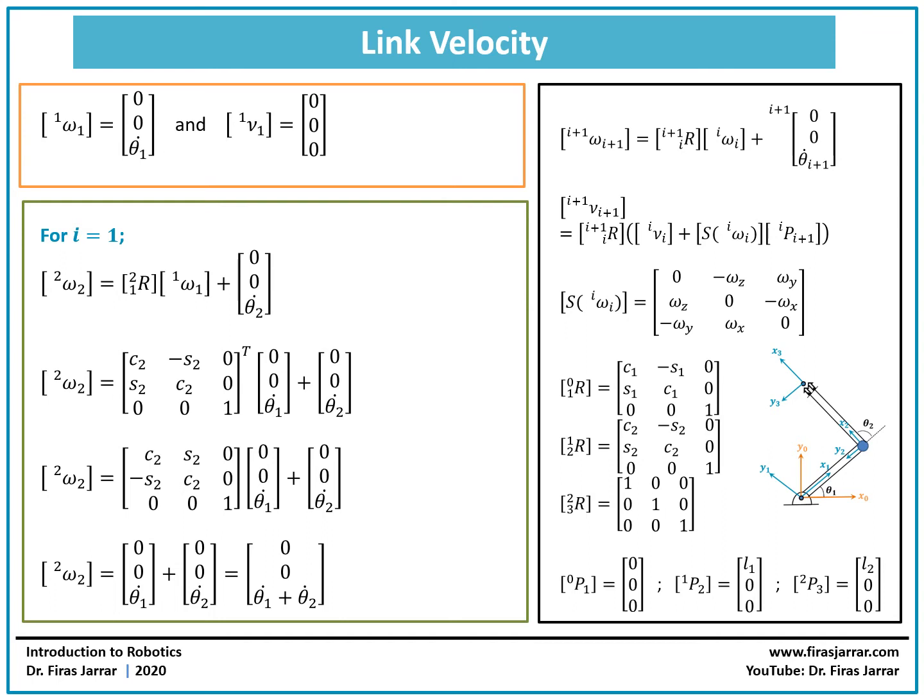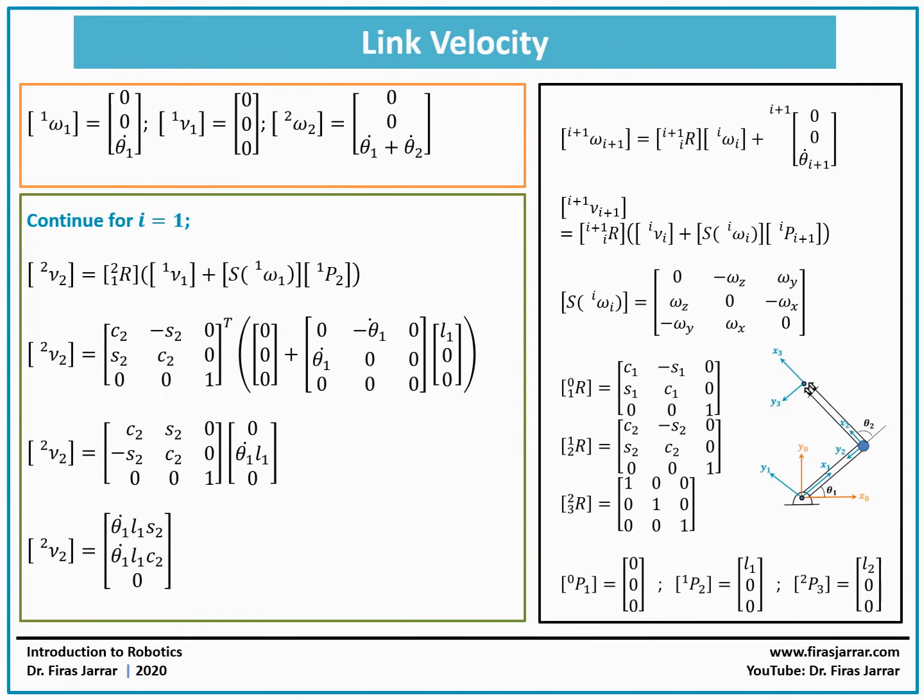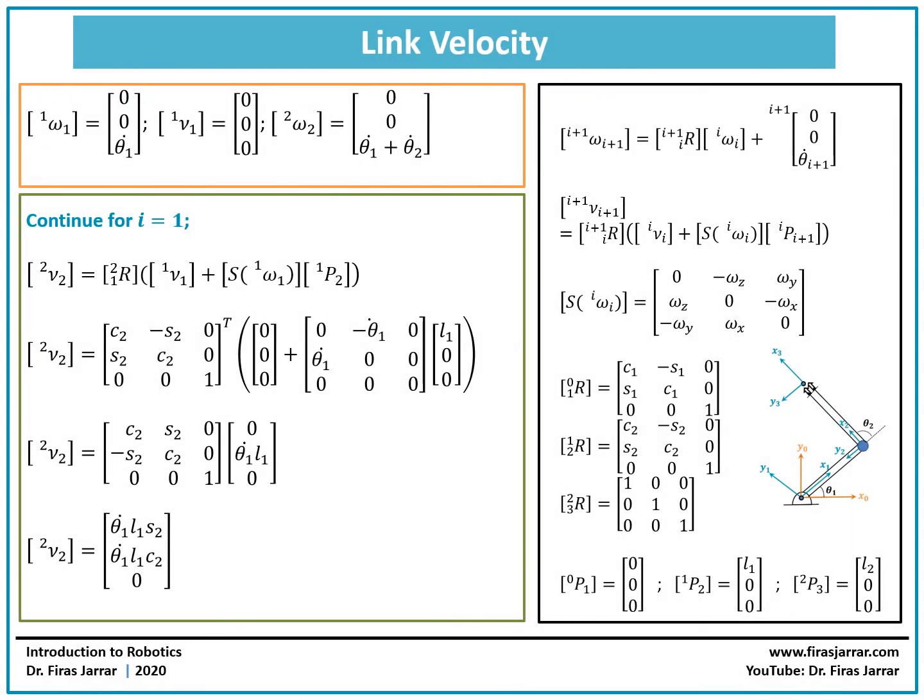So now the result that we got here, we are going to take it and add it to the blue section of the slide, or in the blue box of the second slide. So you can see now in the orange box here, we have omega 1, v1, and omega 2.